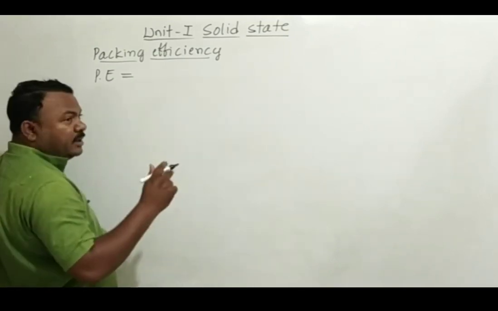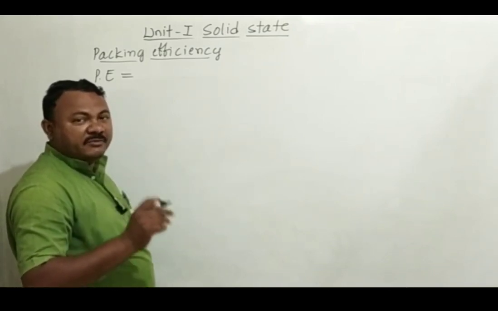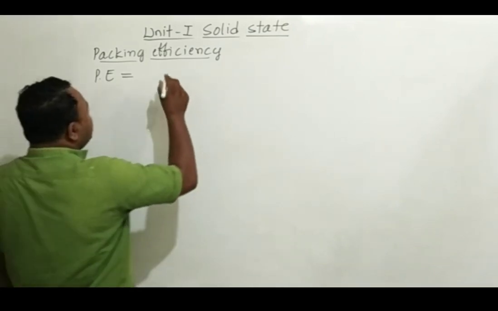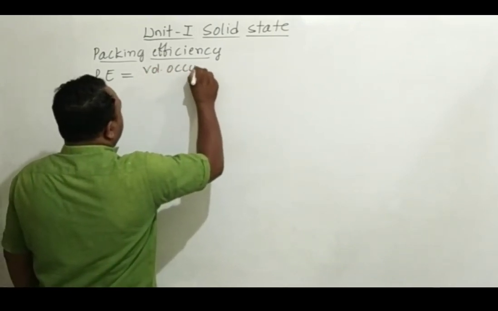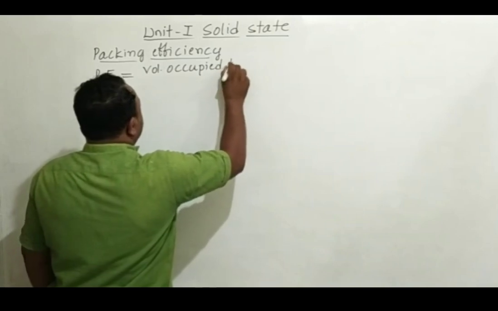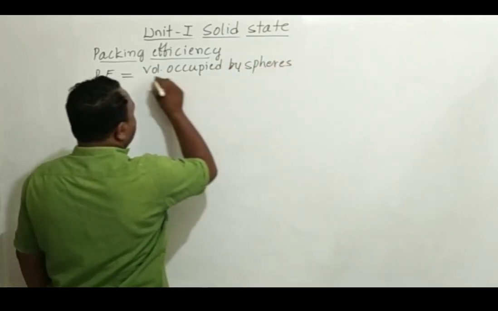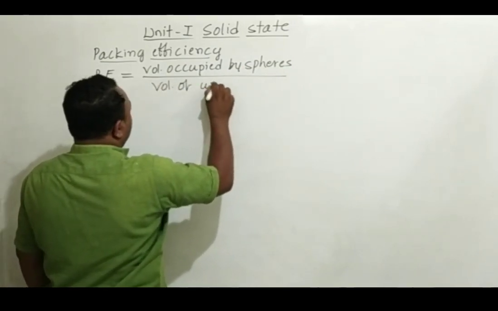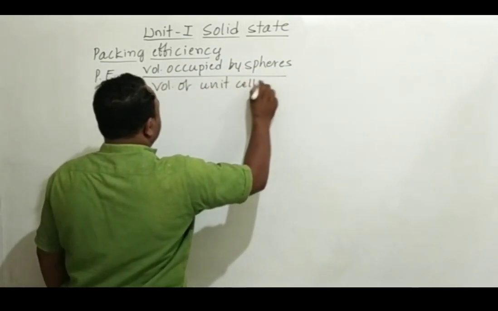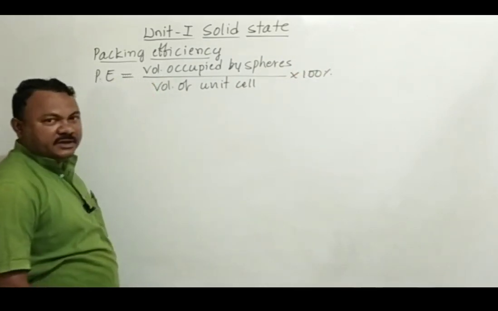PE is equal to, and don't write such short forms in exam. Write full words, packing efficiency. Now packing efficiency is equal to volume occupied by the spheres or the atoms in the unit cell divided by total volume of the unit cell, multiply by 100, we get in terms of percentage.